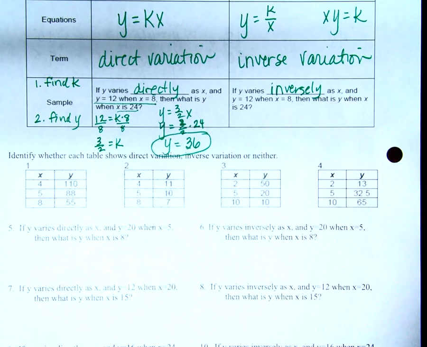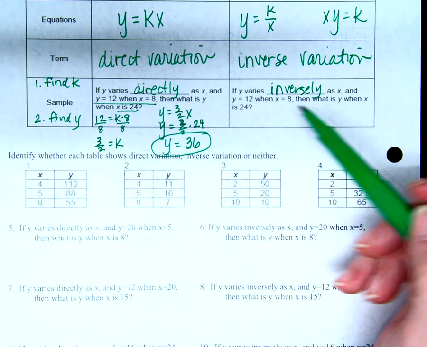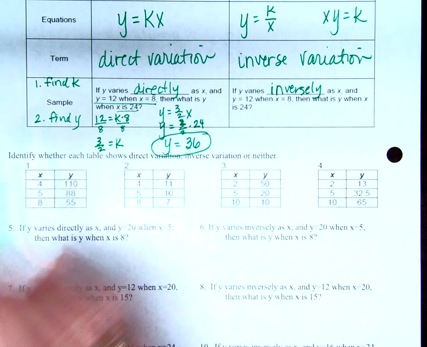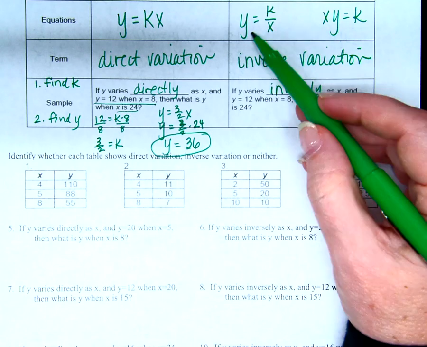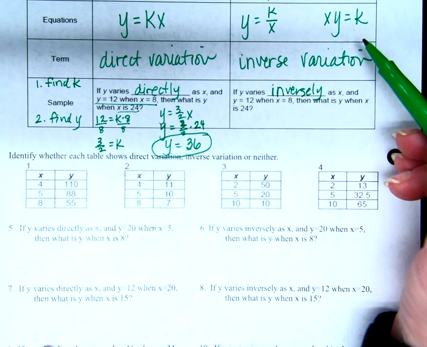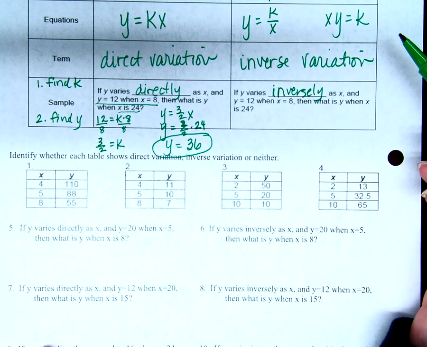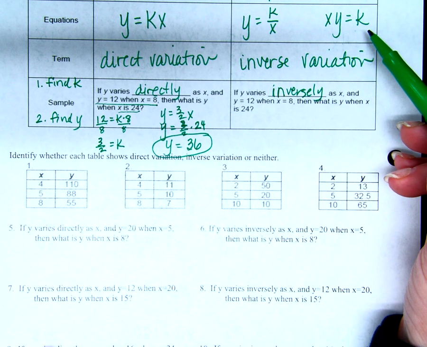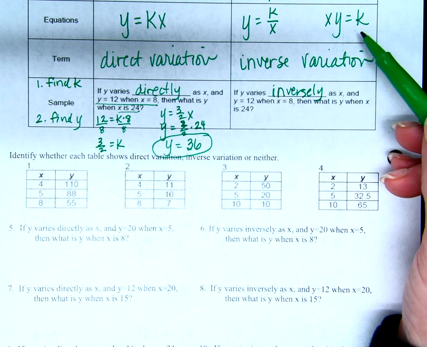Okay, let's do an inverse variation question then. Guess what the first step is? Find k. Which of these two equations do you think would be best to use to find k? Not the one that's set equal to k? Wouldn't that be easier?